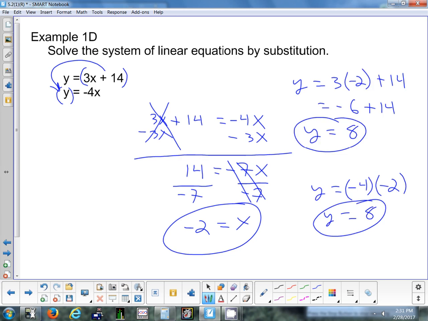It's less steps, right? In the top one, we had to multiply and use addition. In the bottom one, we just had to multiply, that's it. There's only one step. So how do those two answers I just got compare? Same thing. So that means, like Mr. Roy just said, it doesn't matter which equation you use. Pick the easier one.